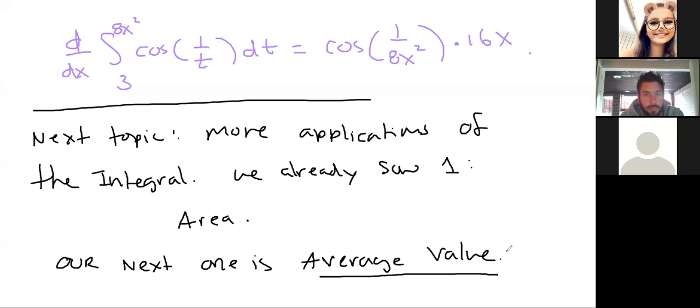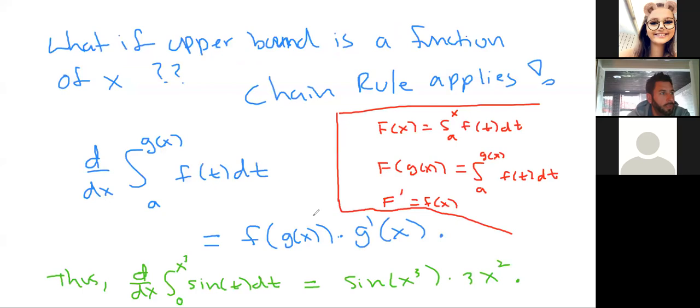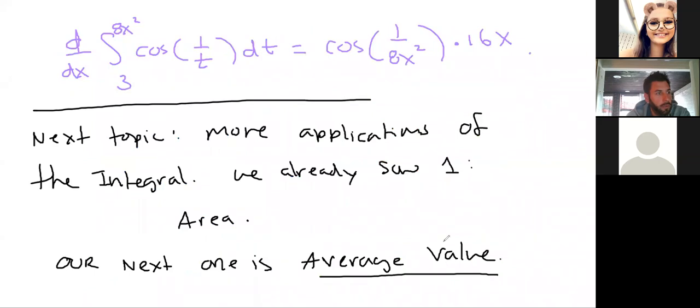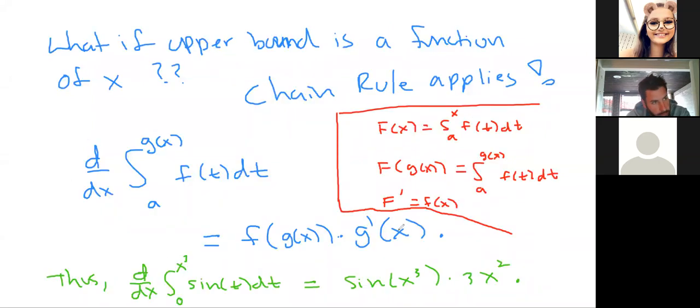Okay, I thought you were finding the derivative of the inside function. No. I'm finding the derivative of the upper bound. If you go back to the previous page, you'll see that the upper bound is some function of x. So I'm calling it g because I don't know what it is in general. That's why I was confused. In this problem down here, the g is x cubed. On the problem on the next page, g is 8x squared. So I'm taking the derivative of the upper bound. Yeah, it makes sense.